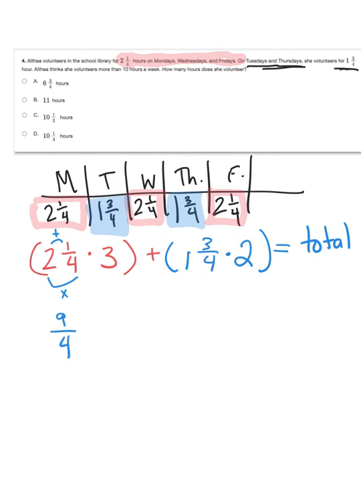So 2 1/4 is equivalent to 9/4. And I'm going to multiply that times 3. To do that, I just need to multiply straight across my numerators and straight across my denominators. 9 times 3 is 27, and 4 times 1 is 4.